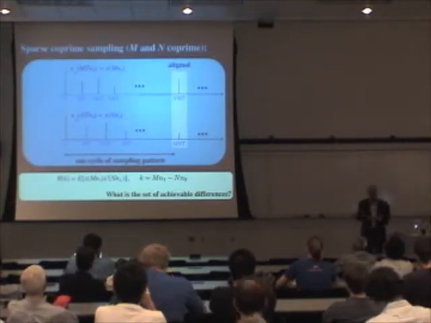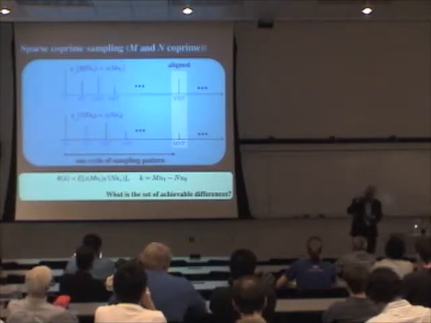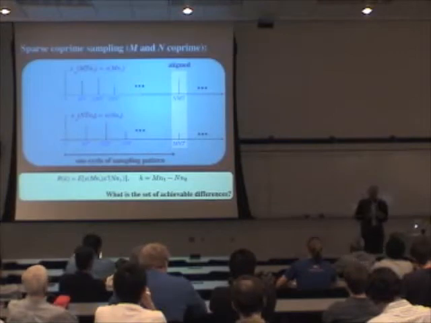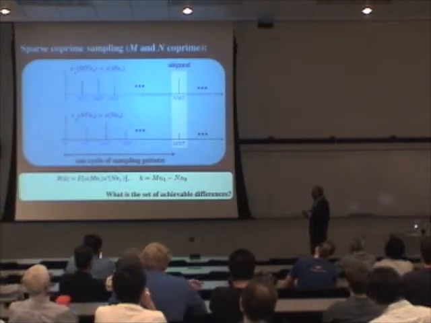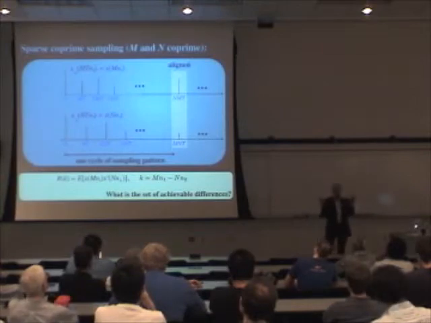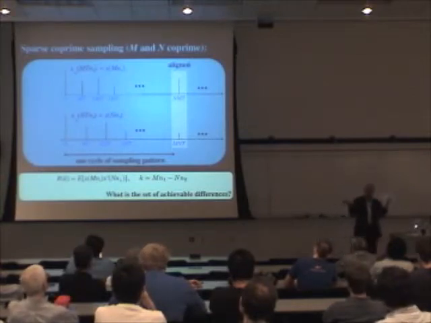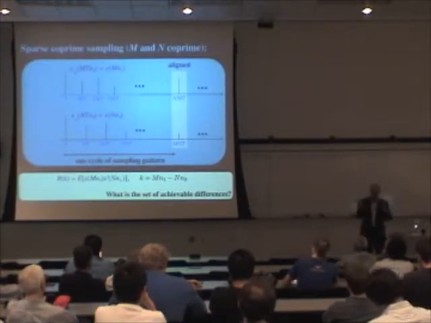That's the basic idea. This idea has been used, as I said, in array processing to compute the so-called co-array. The co-array, as they call it in array processing, is nothing but the set of all differences you can achieve. See this difference here. The set of all differences you can achieve is called a co-array of two arrays. If you have two arrays with spatial spacing or temporal spacing, the set of all differences between the times or spaces you can achieve is called a co-array.